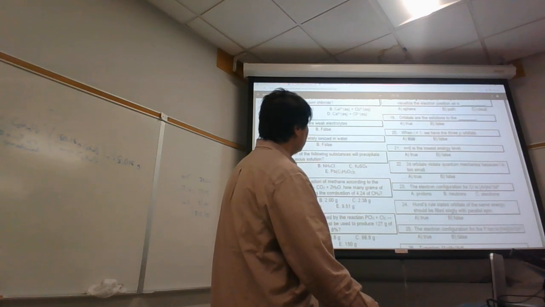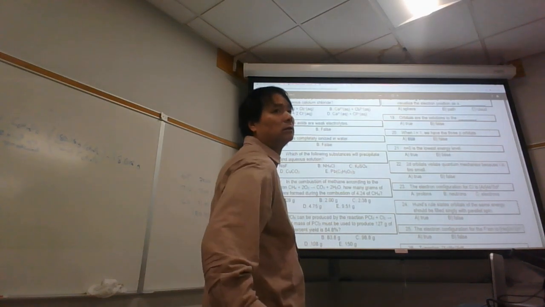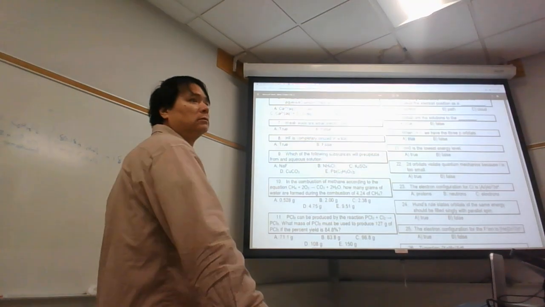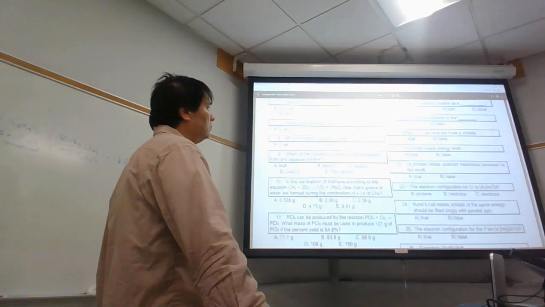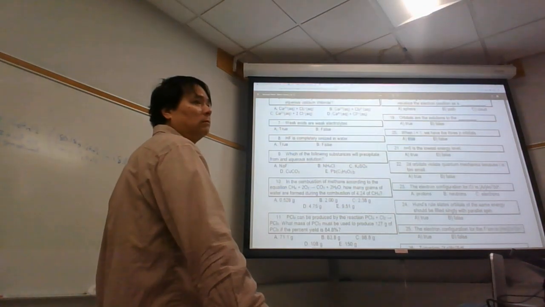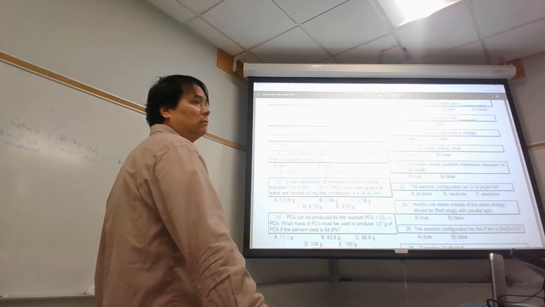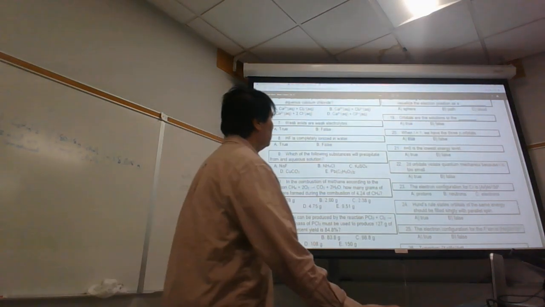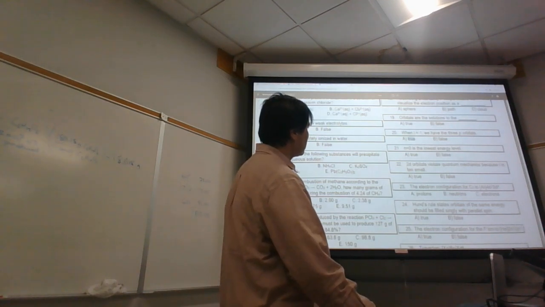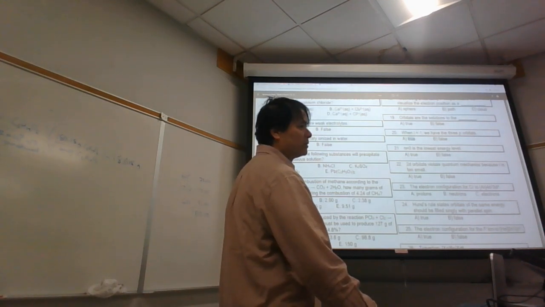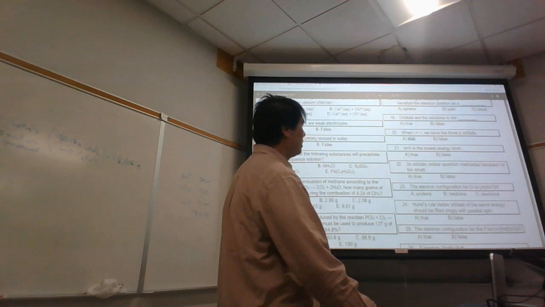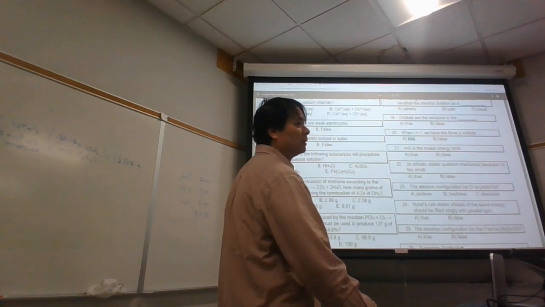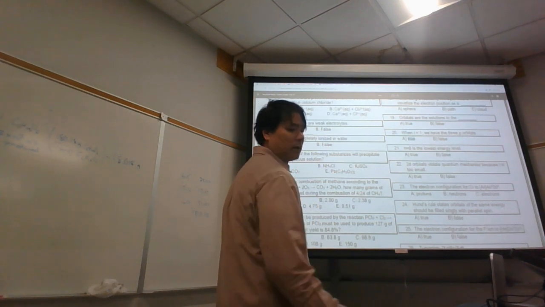21. N equals 0 is the lowest energy level. True. This is false. The lowest possible n value is not 0. The lowest possible n value is not -1, it's +1.